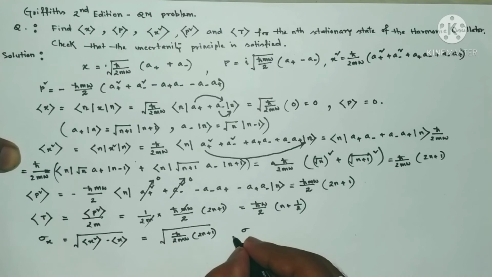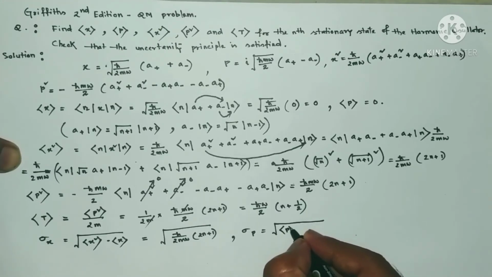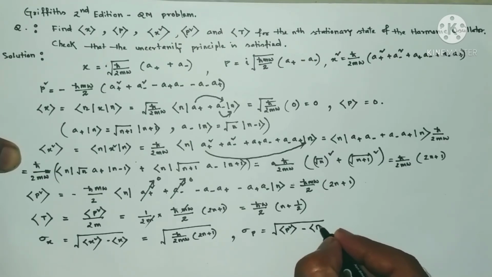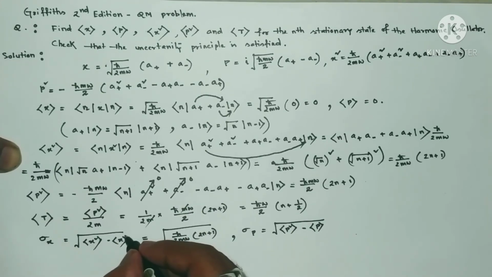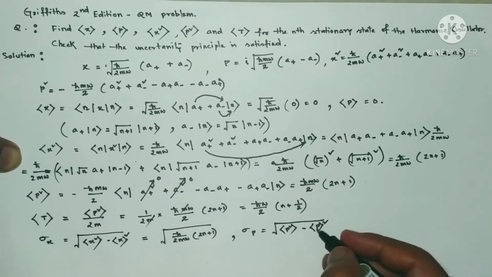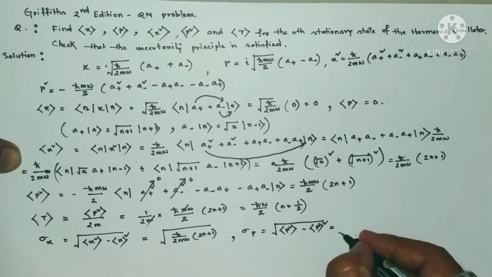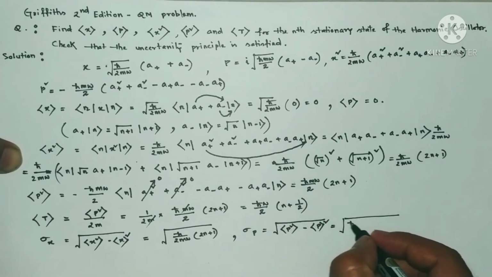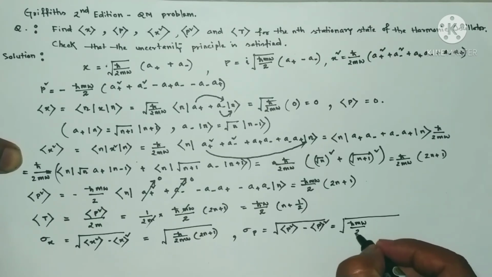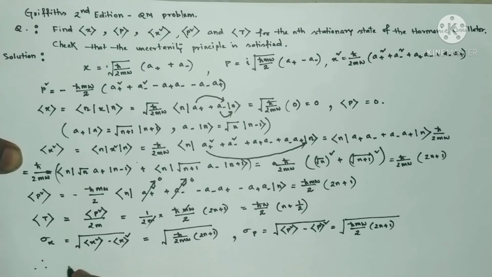And sigma p: the expectation of p is 0, so we will be left with p square. So this is under root h cross m omega by 2 times (2n plus 1).